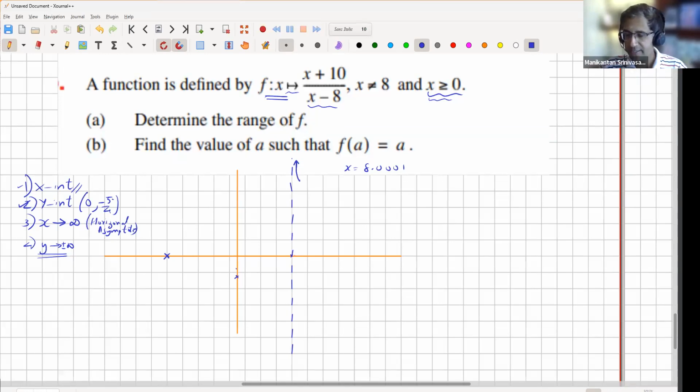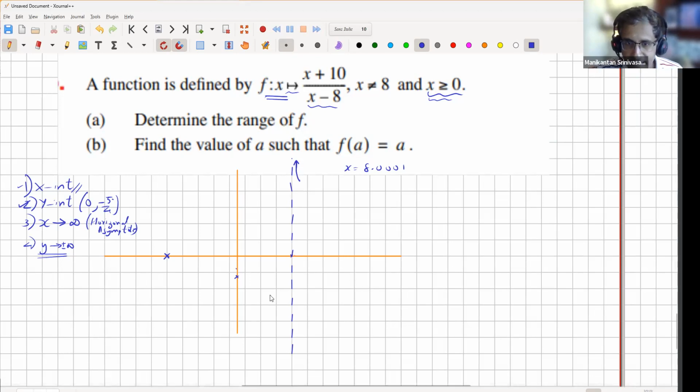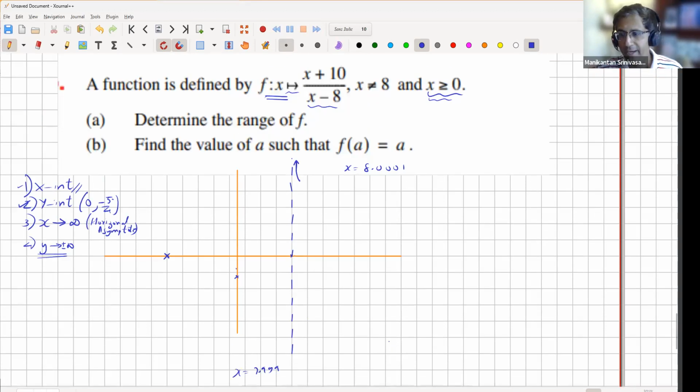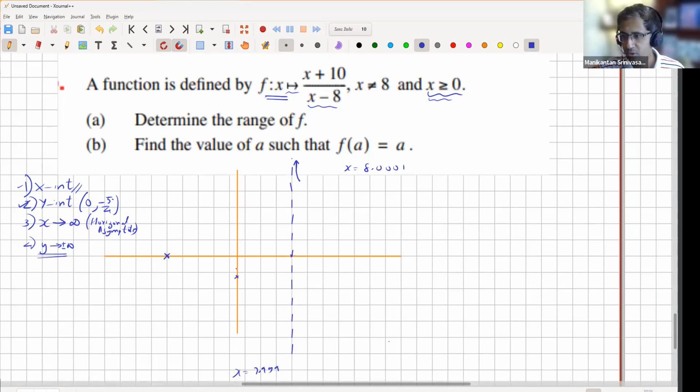And on the other side, suppose x has become slightly less than 8. Let's say x is 7.9999, right? Then the denominator is slightly less than 0, so -0.001. The numerator is practically still 18, whether it's 17.999 or 18 or 18.001, doesn't matter. But the denominator is swung to the other side of 0, taking the entire fraction to negative infinity.